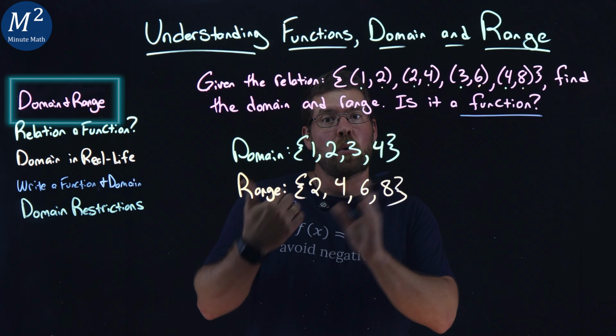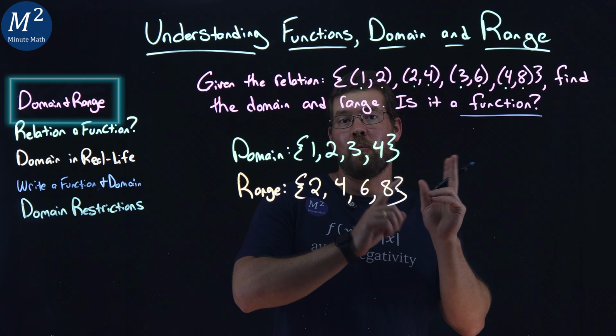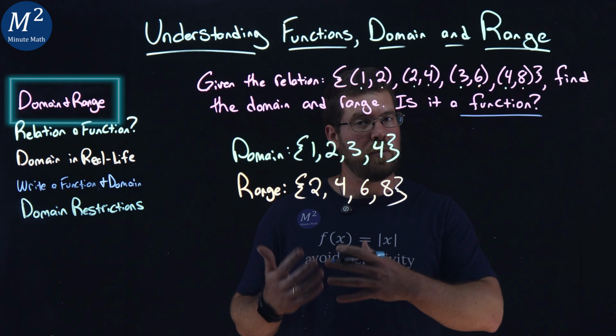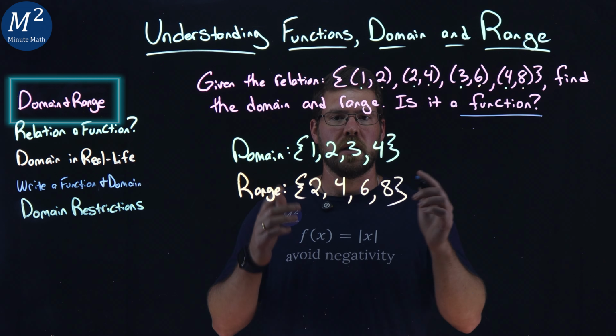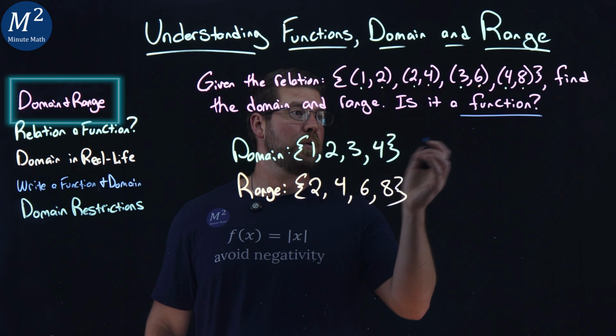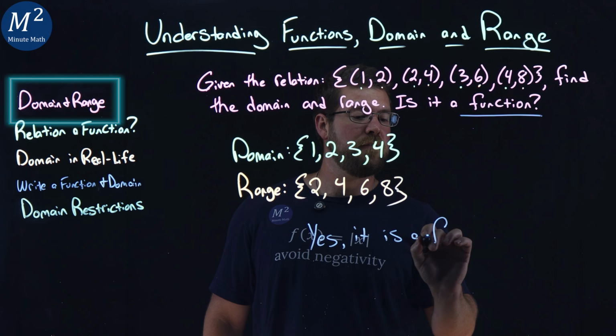Then that would mean we don't have a function. If we have the same x values but two different y values, that is not a function. But if it was the same y values, then it would still be the same point, and so it is a function. So here we have all different x values, so we would say, yes, it is a function.